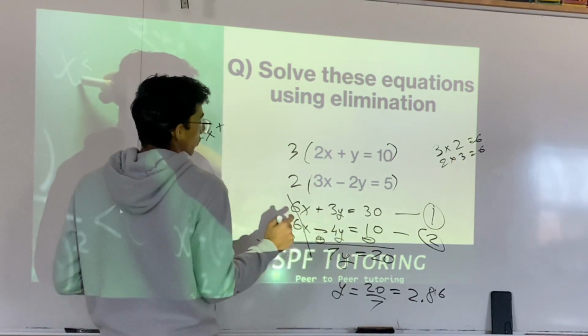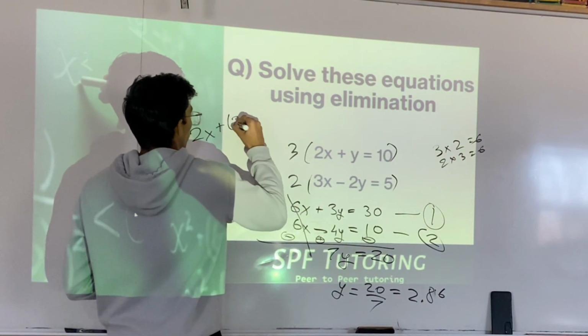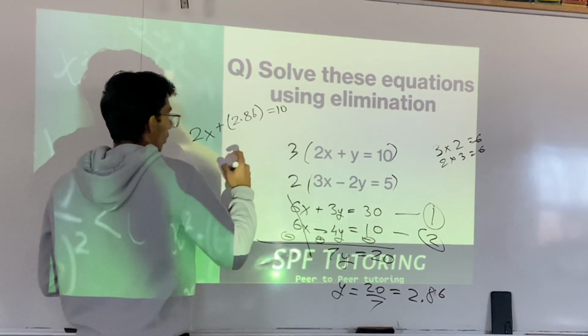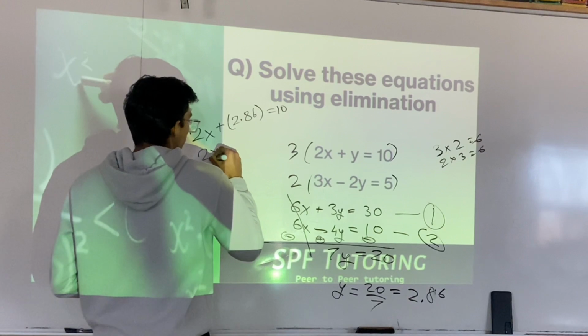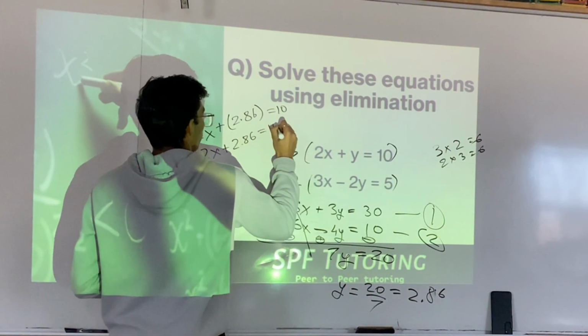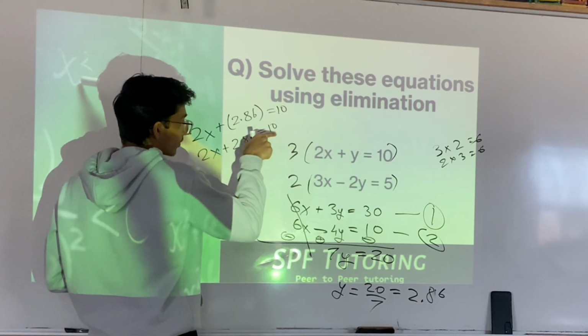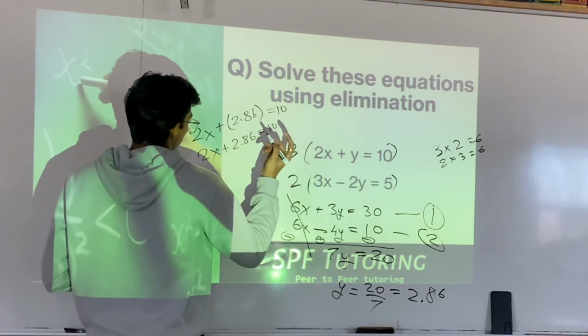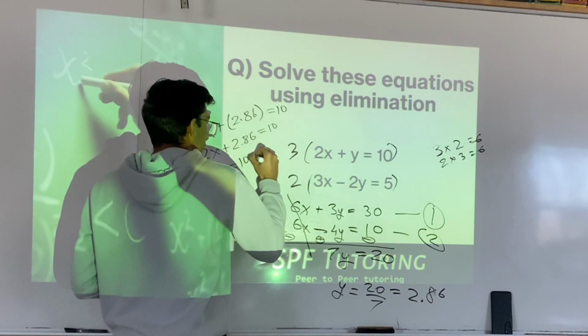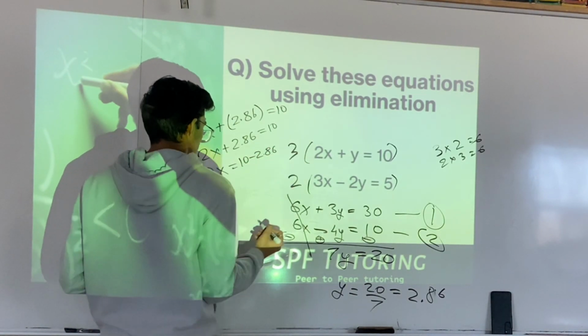Our y value is 2.86. So 2x plus 2.86 equals 10, right? You solve for this. 2x remains the same, plus 2.86 equals 10. You take this, move it to that side, and it becomes a negative sign. So 2x equals 10 minus 2.86.